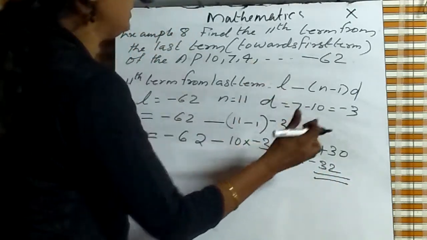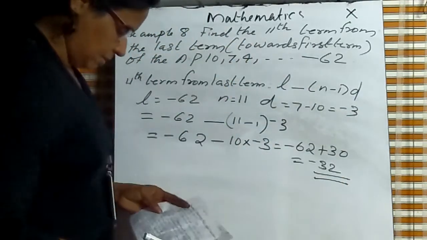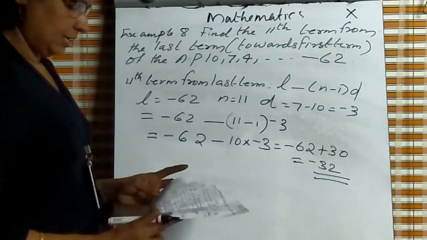So the 11th term from the last term is minus 32.